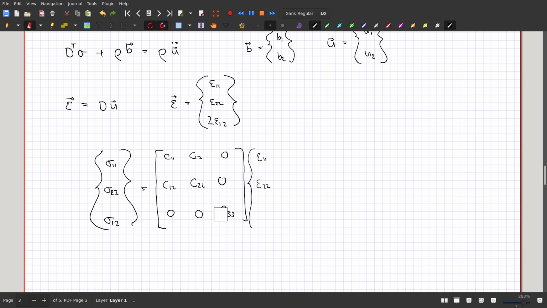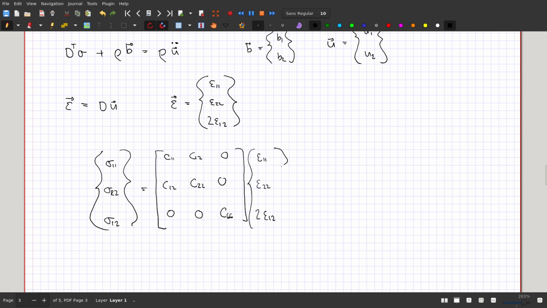I don't want to call it C33. It's actually the 6,6 component from the larger 81 component matrix, so I'll leave it as that, times epsilon 11, epsilon 22, 2 epsilon 12.